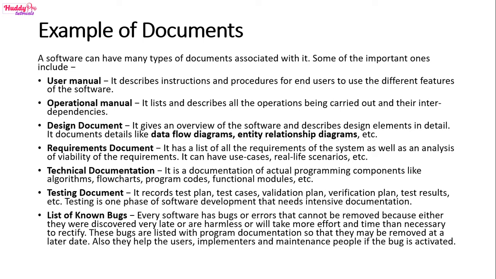And the software engineers will just look at the algorithms and convert the algorithm into the actual code, which is in the stage of implementation of the software development life cycle. So this technical documentation can also have flowcharts that show how the program flows. It can also include the program code itself and its description, and then the functional modules and their detailed explanations.